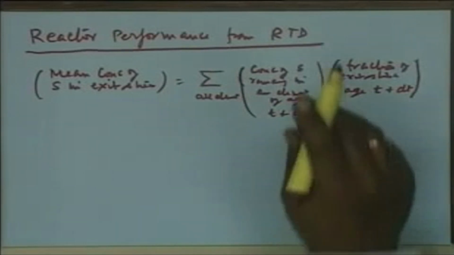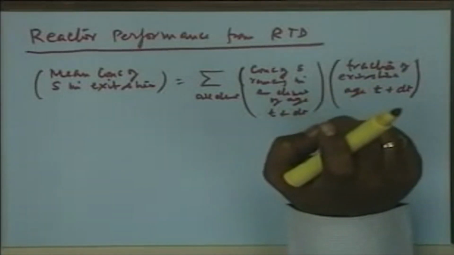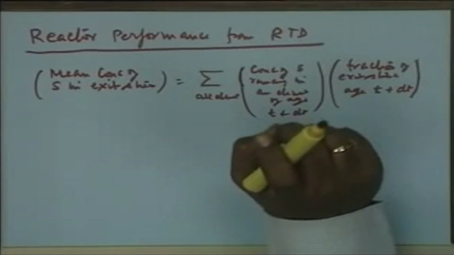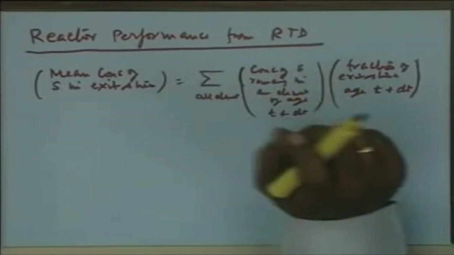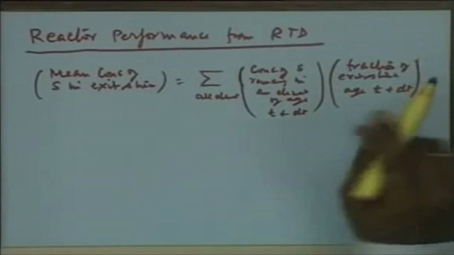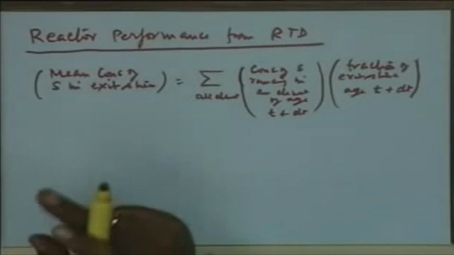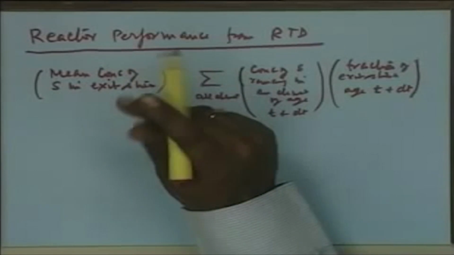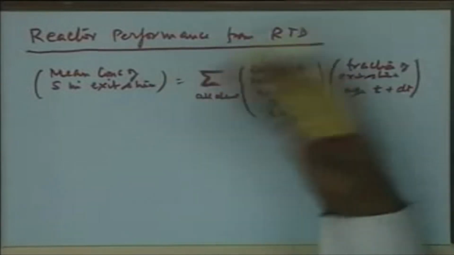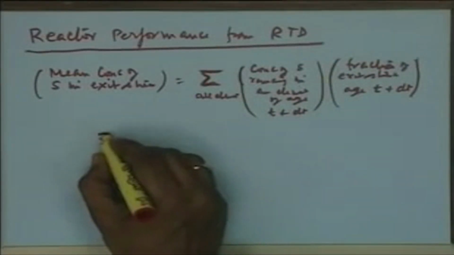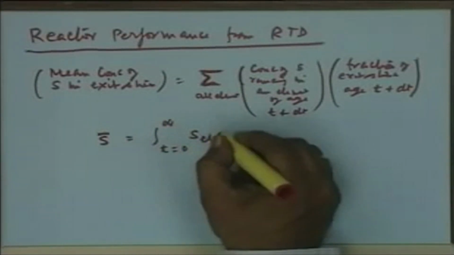Essentially this is the concentration of the substrate in one element of age between t and t plus dt, and the fraction of the exit stream which is of that age. If you multiply the two you get the mean concentration of substrate in the exit stream, and if you sum these over all the elements, or integrate, your S bar will be equal to the integral from t equals 0 to infinity of S element into E dt.